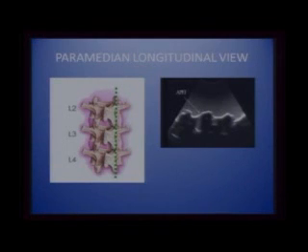Now, if you go a little more laterally and put your ultrasound transducer overlying these facet joints, you will see that these are the articular processes of the facet joints. So this is one continuous line of bone and does not allow any ultrasound beam to pass through. These actually resemble camel humps.